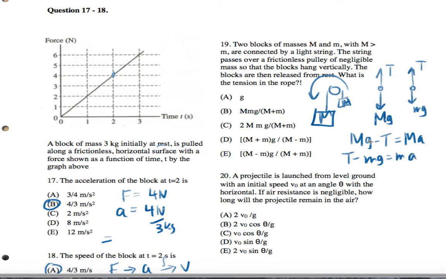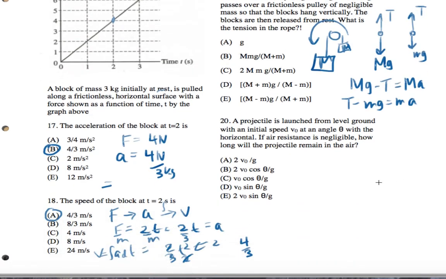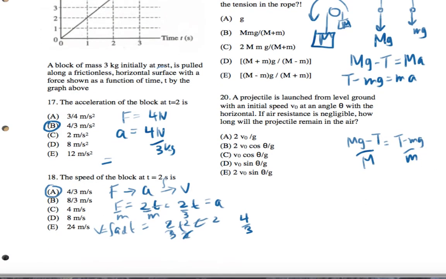And I want to know the tension in the rope. So let me go ahead and actually see if I can isolate that. When I do that, I'll work down here. I'm going to get (Mg minus T) over big M equals (T minus mg) over little m. Let's multiply both sides by big M and little m.